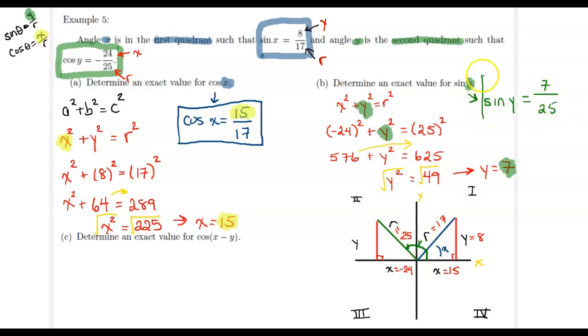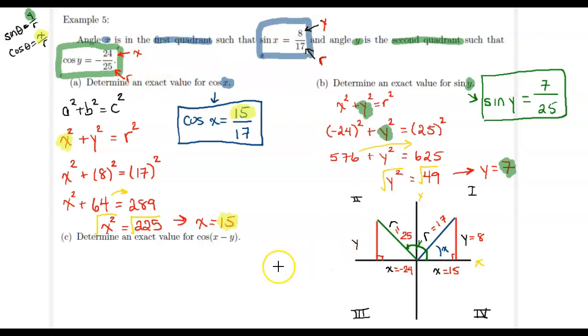So that is, in fact, the exact value for sine of y. We don't know what the angles x and y are, but it doesn't matter because they've given us enough information to solve for the ratios anyway, to solve for the exact value without knowing the angles. But we wouldn't be able to do this if they hadn't given us this information.